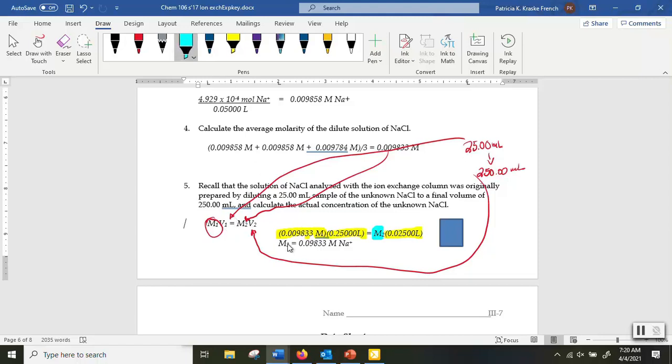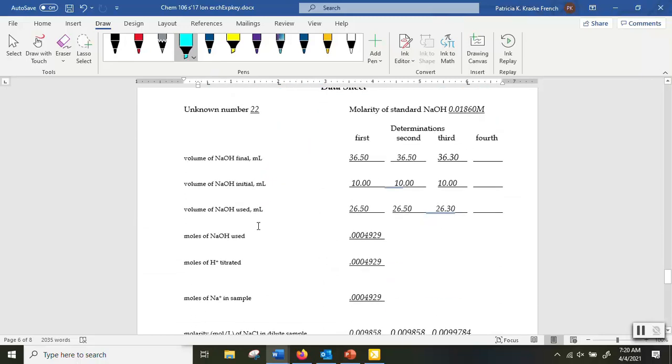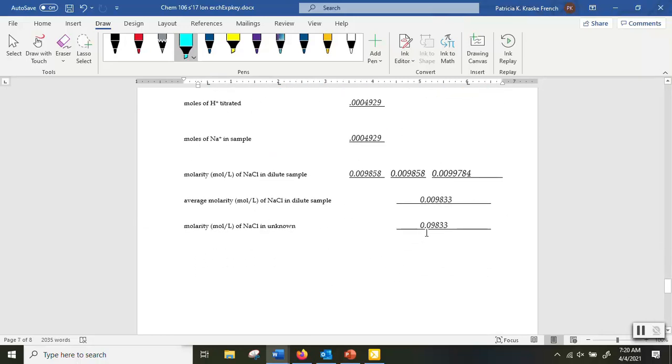This gives us our M1 of 0.09833, which is the last thing we enter on our data sheet.